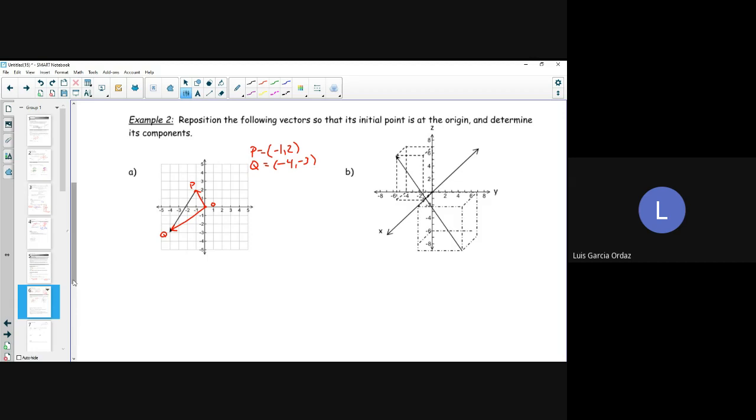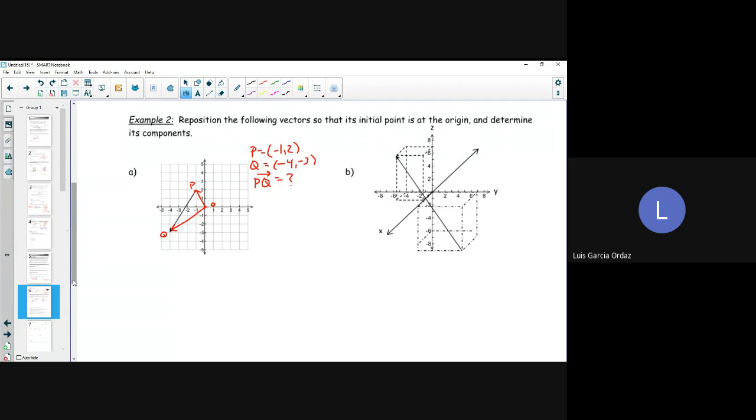So I need to figure out my vector PQ. What is PQ? Again, P is my tail and Q is my head.